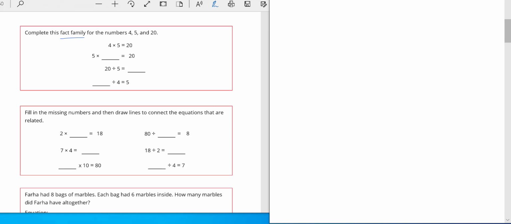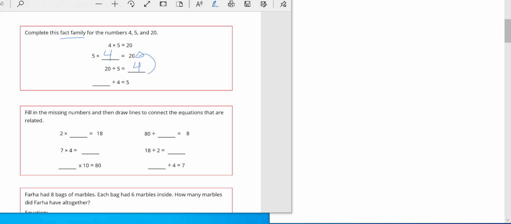So if I have 4 times 5 equals 20, I can use commutative property and write 5 times 4 equals 20. The third fact family is a division operation. So 20 divided 5 equals what? So I can use this fact and write 4.